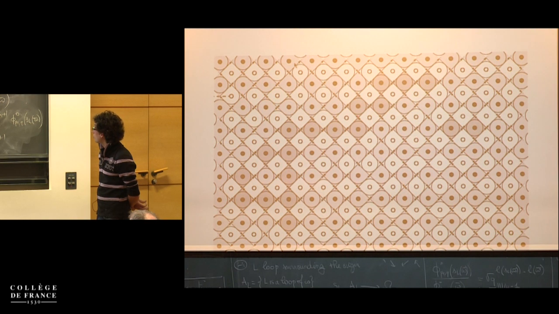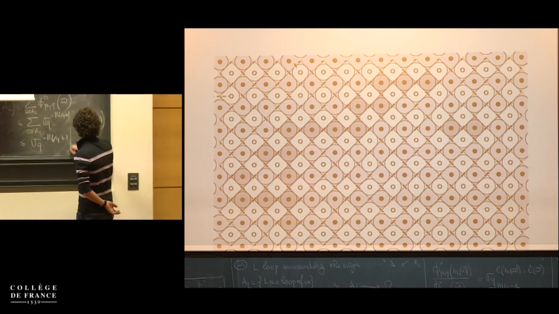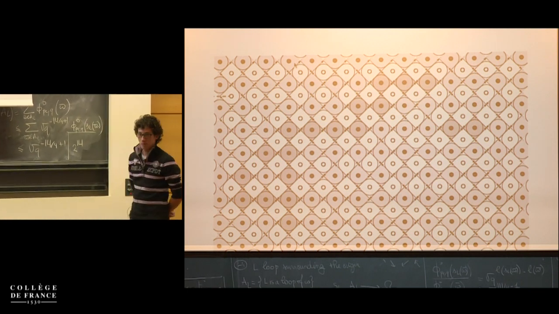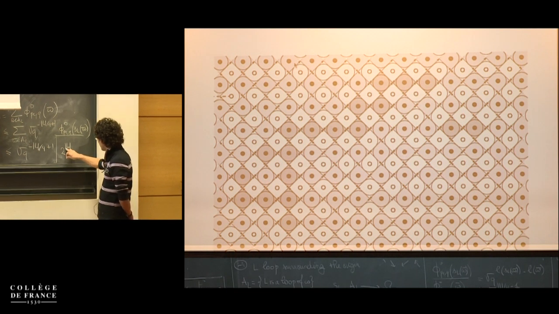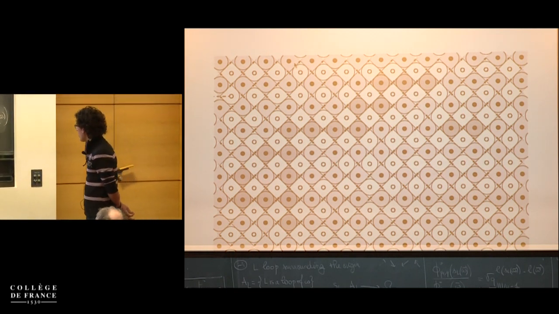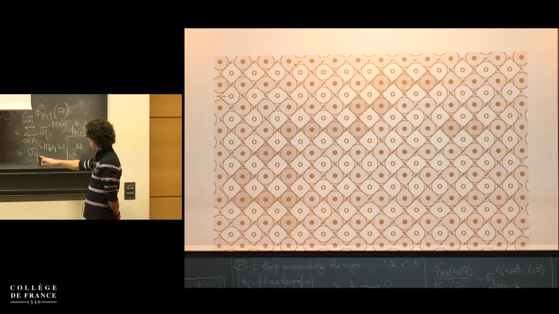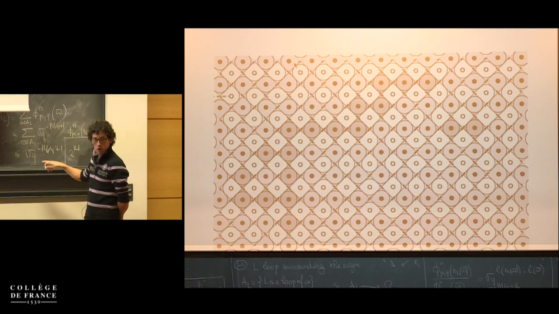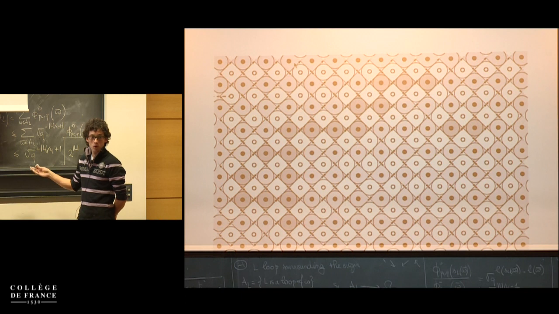So the number of loops surrounding the origin of this length is smaller than 2 to the length. So now, if I take square root of Q to the 1/4 to be strictly bigger than 2, what do I get? I will get by Borel-Cantelli that the number of loops surrounding the origin is finite, almost surely.